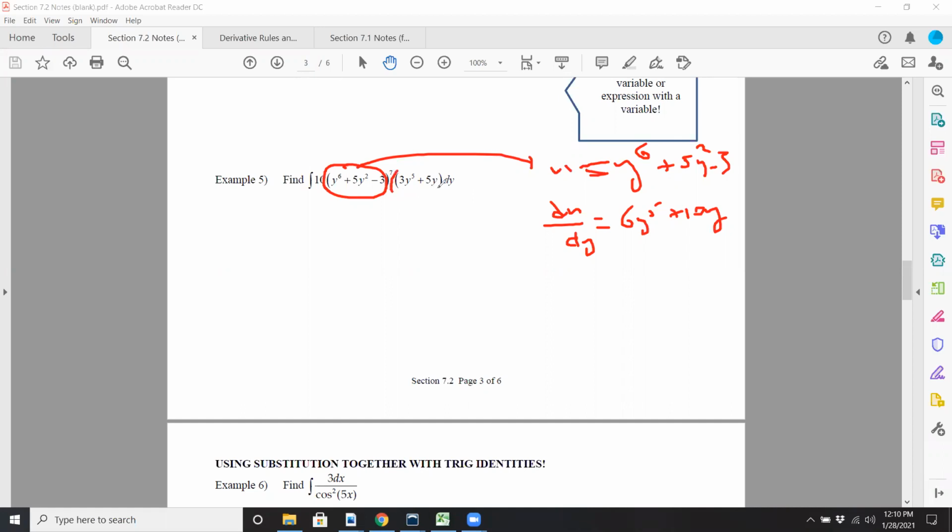Now, notice this 3y^5 plus 5y. You could deliberately pull out a 2 from here. You have du/dy, and then you can actually move the dy over to the side. So du equals that, and then divide by 2.